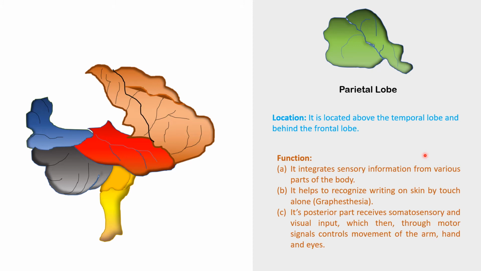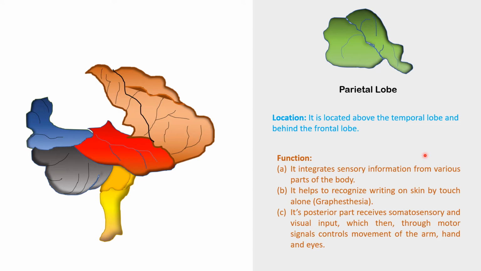Sensory information means the special senses, which are expressed by different special sense organs of our body, like the eye, ear, nose, tongue, skin, etc. So the parietal lobe integrates the sensory information from various parts of the body.